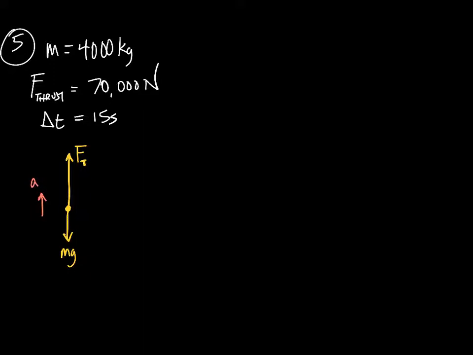So let's sum our forces. The sum of forces would be the big thrust force going up minus the weight force going down, which equals ma, in the y direction this time.